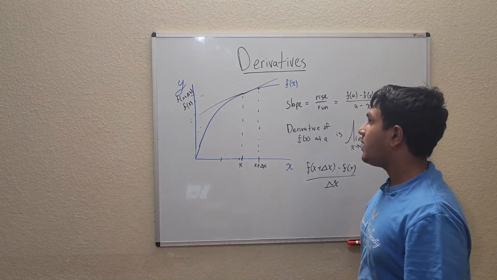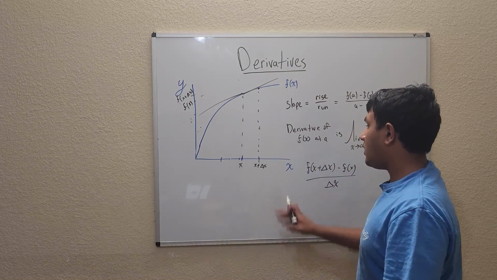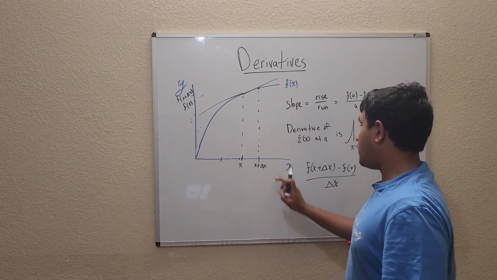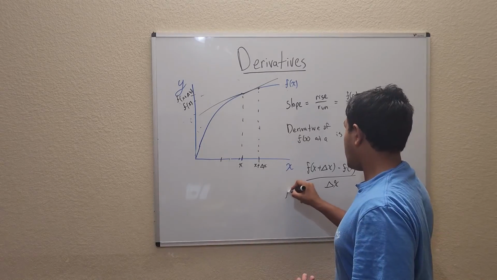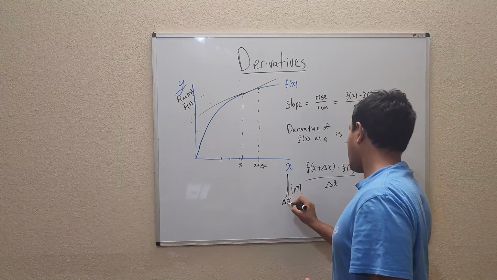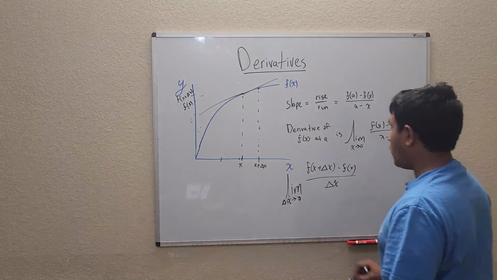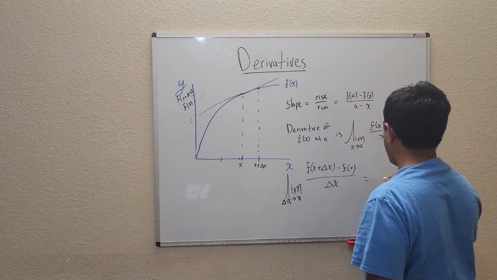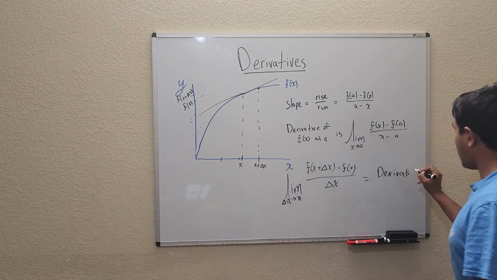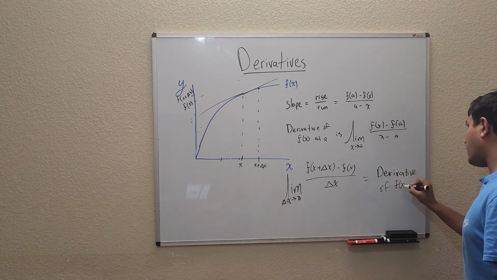And if we want to find the derivative, or the instantaneous slope at x, we need to get x plus delta x as close as possible to x. In other words, delta x has to approach 0, right? So now we have the limit as delta x approaches 0 of f of x plus delta x minus f of x over delta x is equal to the derivative of f of x.